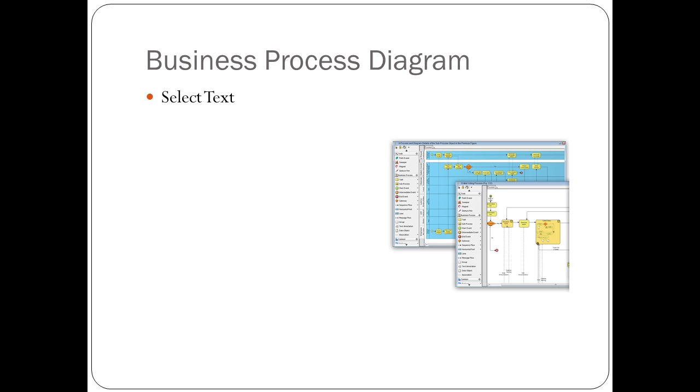After we look at how to identify glossary terms using textual analysis, let's move on to business process diagram. This is the main topic of this video. To identify glossary terms in business process is similar to using textual analysis. First, select text. Second, right-click to show the pop-up.